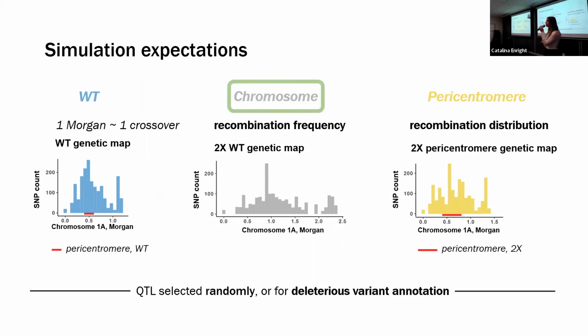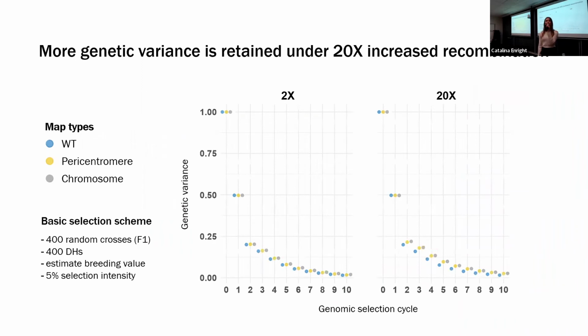I expected that the chromosome map type would do the best just because it's the largest map and it has the most opportunities for more recombination, and that the pericentromere map type would perform really well when it was paired with the deleterious variant annotations because you're increasing recombination where the majority of your QTL are. So let's see if this actually happened.